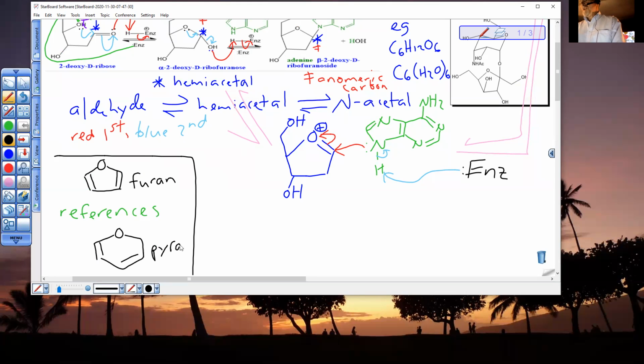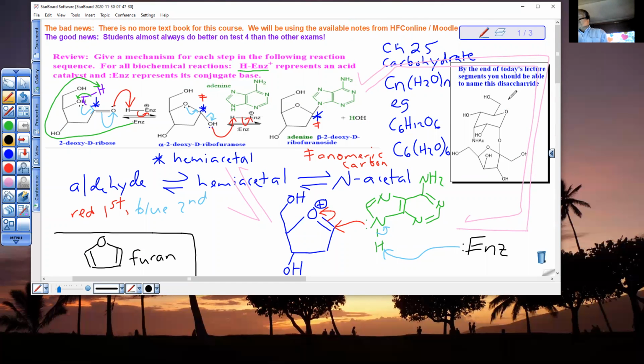So when a sugar adopts ring size 6 with an oxygen in one of the corners, it's called a pyranose, not a furanose. Furanose is for 5. That's the easier one to remember, isn't it? Furanose, ring size 5. Don't forget one of those atoms in the ring is an oxygen. Pyran is the ring size 6.